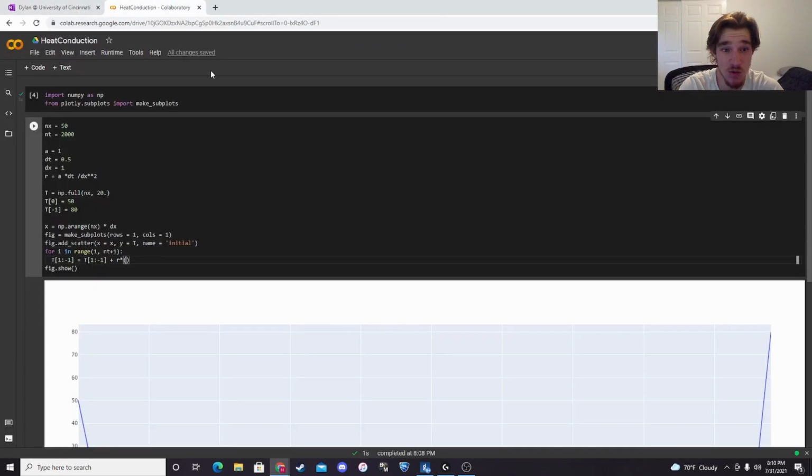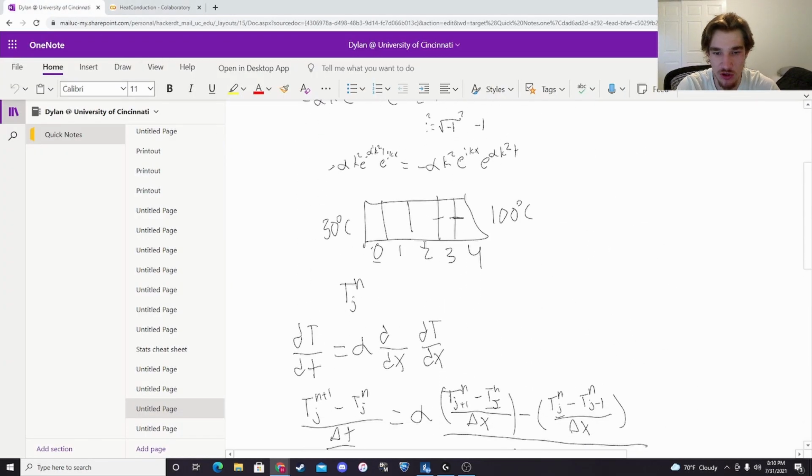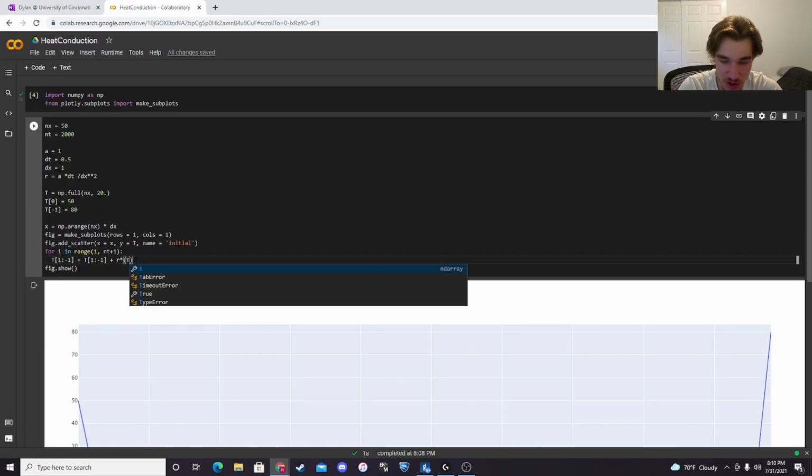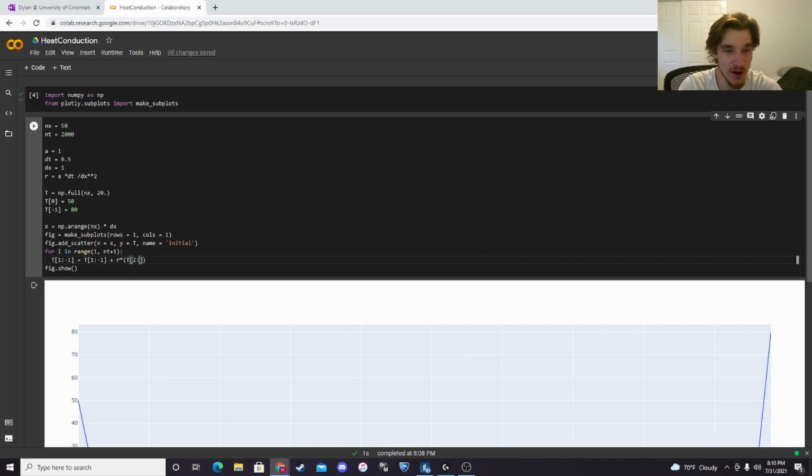We want j plus 1. So what does j plus 1 look like? If we look at our bar right here, j plus 1, if we're focusing on 2 right now, j plus 1 is going to be 3. So in order to do that in our code, we want to add 1 to this, so it equals 2, and then we want everything up to the very last index, so we just leave that blank, which makes sure that it picks up everything starting with the second element all the way to the last.